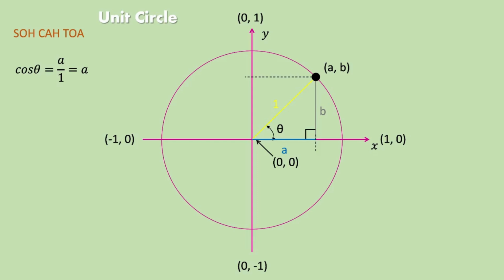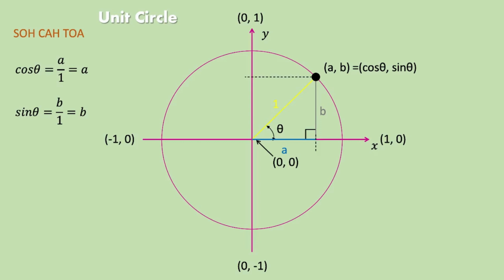What about sine theta? Well, sine theta equals the opposite side divided by the hypotenuse, or b divided by 1, or simply b. So we can also view our (a, b) as a is the same thing as cosine theta, and b is the same thing as sine of theta.